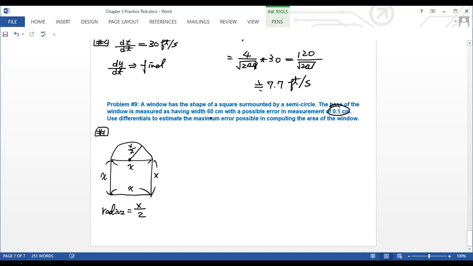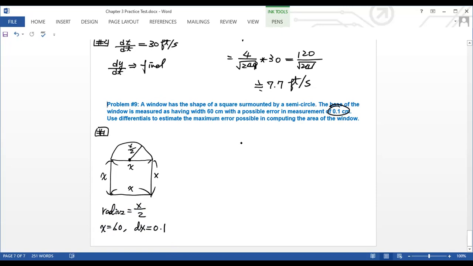And the window sits on a base of 60 centimeters, so x is 60. But I have a measurement error of 0.1, which means dx is 0.1 centimeter. So you can measure 60.1 or 59.9.